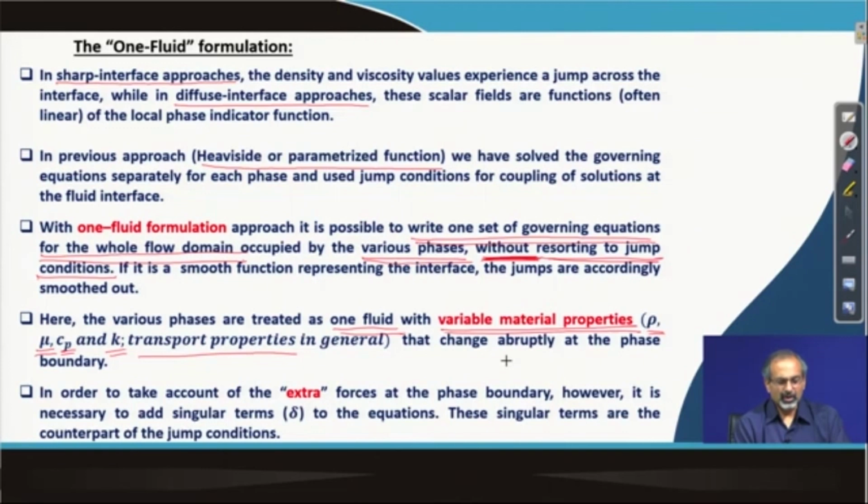Now, in order to account for extra forces at the phase boundary, it is necessary to add singular terms to the equations, and these are the source terms we were talking about, which have to be introduced into the momentum equations, which are essentially the counterpart of the jump conditions for sharp interface approaches.